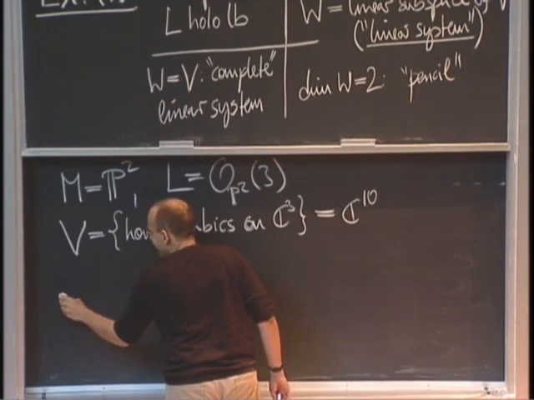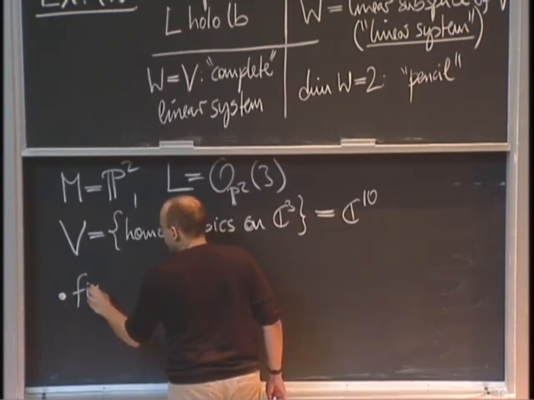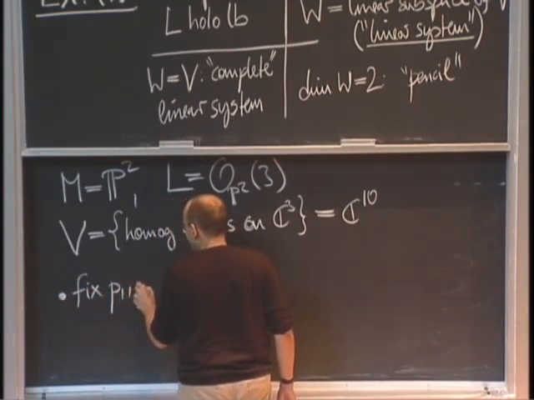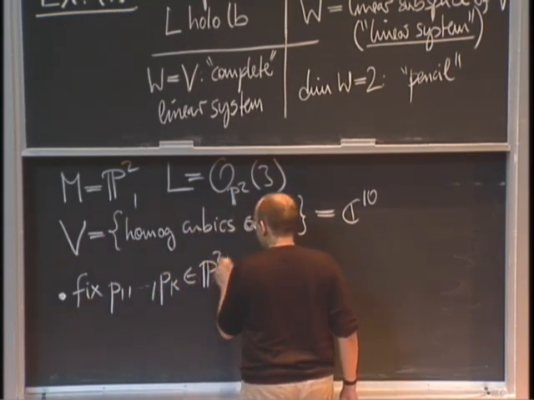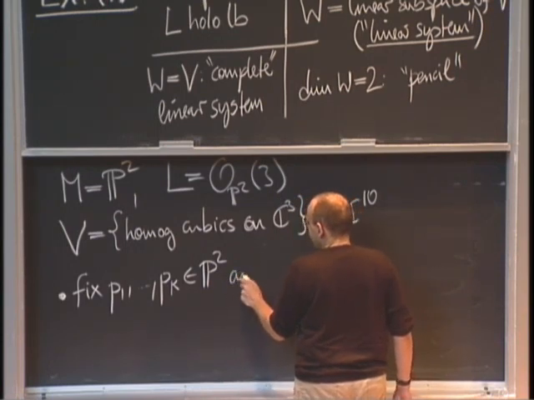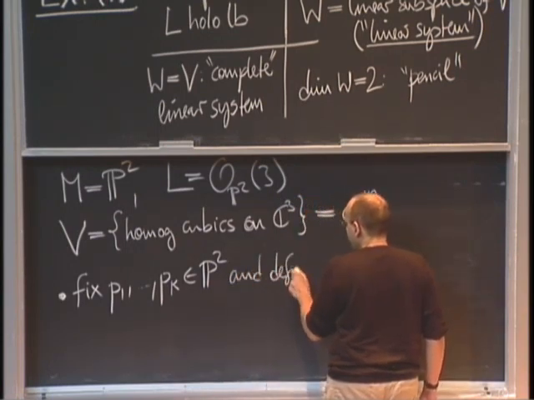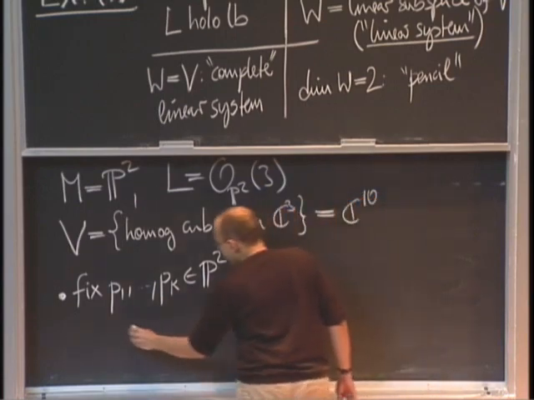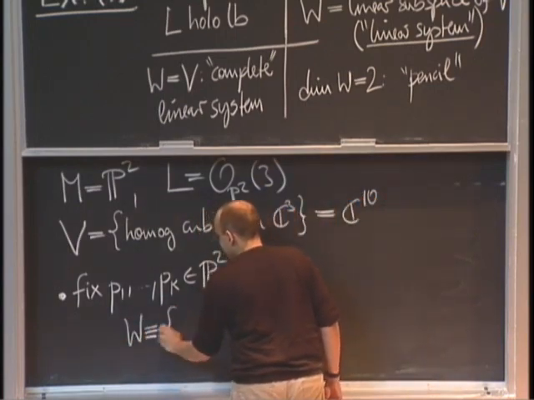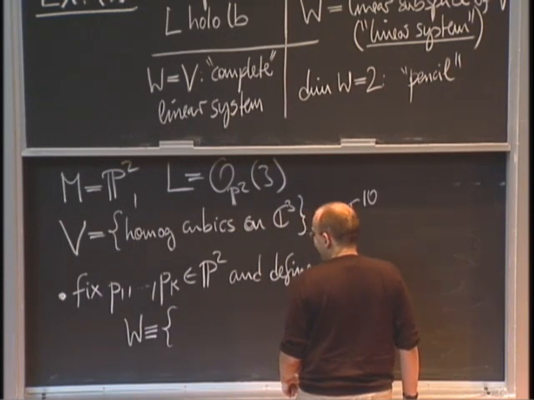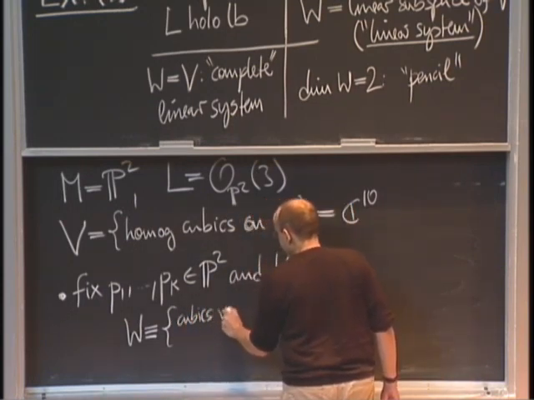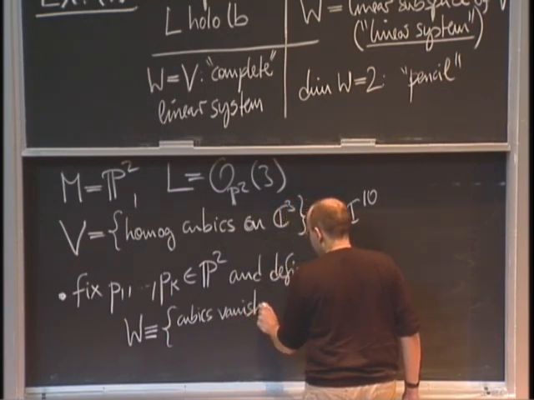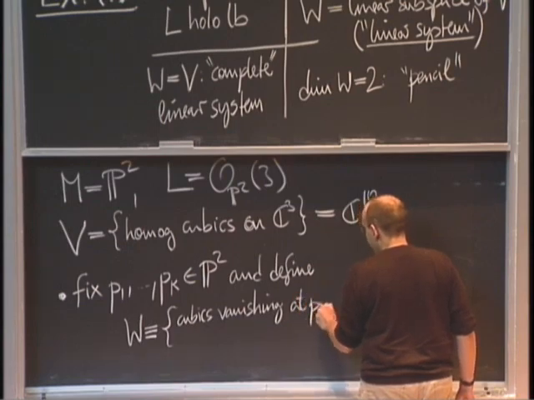What we're going to do is fix a bunch of points in the plane, and then define a linear system W, which is just the space of all cubics that vanish at all of these points.